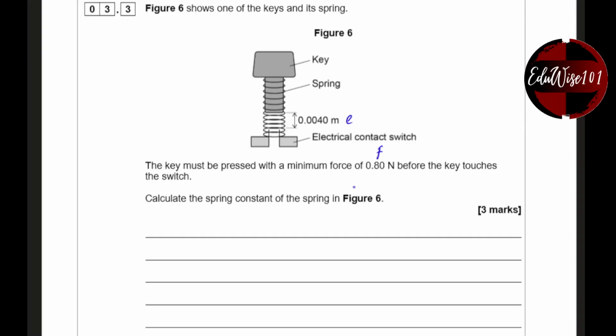We can use the same equation to calculate the spring constant. Force equals the spring constant multiplied by the extension. Now, most students would think, well, the spring is not extending, it's compressing, but you can use this same equation. So 0.80 equals the spring constant, which is K, multiplied by the compression, 0.0040.